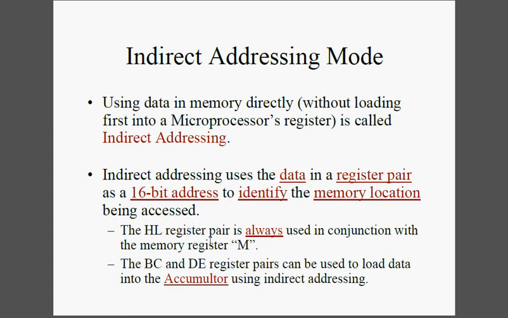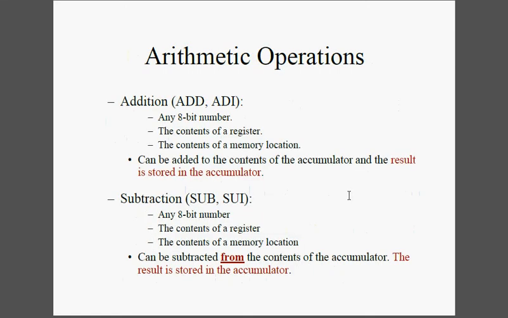The HL register pair is always used in conjunction with the memory register M. For example, class, if there is an instruction opcode and then the operand is M, that means it refers to the HL register, where inside the HL register there is a 16-bit address that identifies or refers to the memory location. That is what we call indirect addressing mode, meaning it uses the address stored inside the HL register to refer to the specific memory location.